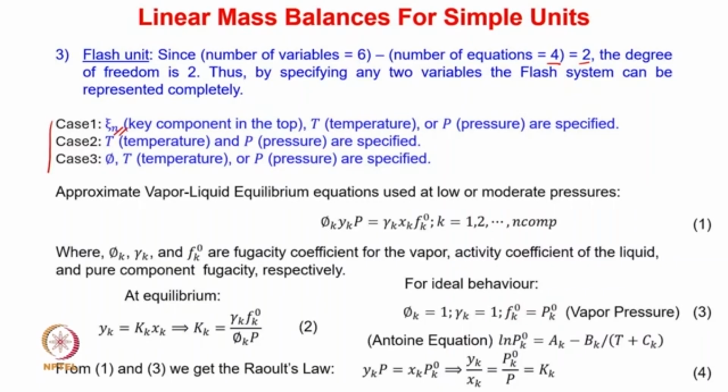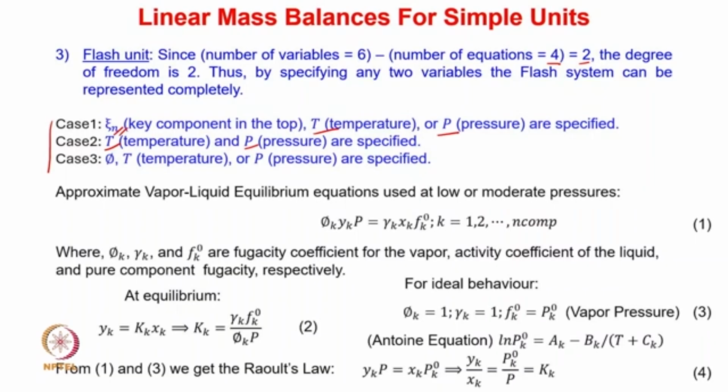So the split fraction in the vapor recovery for the key component n is given, and out of the remaining 2 variables, temperature and pressure, any one of them we are going to specify. Even if we specify one of these 2 and zeta n, the system is completely specified and we will get a unique solution. Similarly, another case could be we can specify temperature and pressure, isn't it?